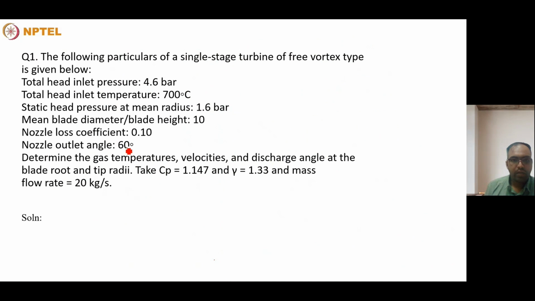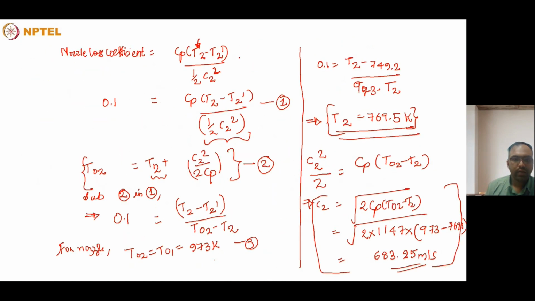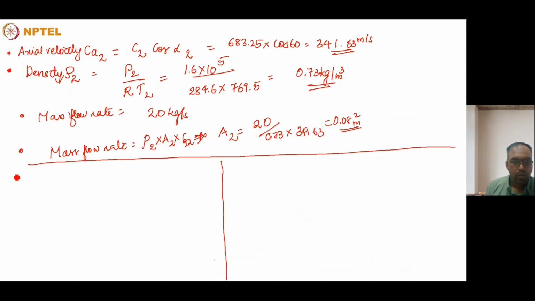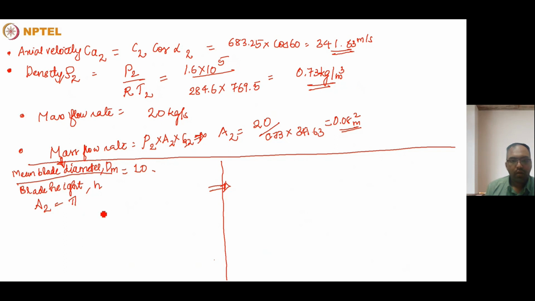So dm to blade height h is equal to 10. So area can be written as pi into diameter into height.